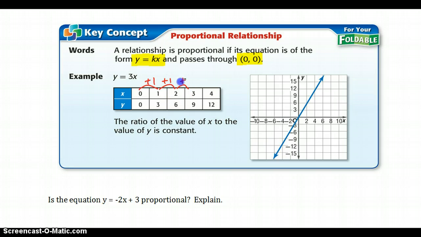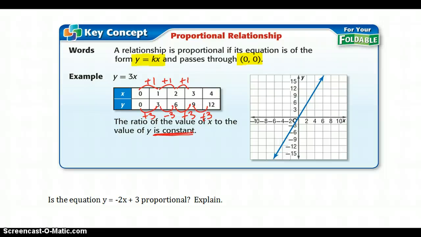We're going up by 1 each time. Here the change is increases 3, increases 3, increases 3. So it has the same common difference for both x and for y. So the ratio of the value of x to the value of y is constant. A constant rate of change.